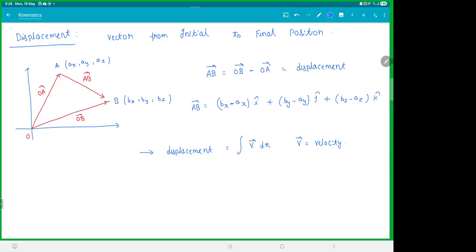Just a small theoretical thing. Distance is always greater than or equal to displacement. What is wrong with this? There is something wrong with this.